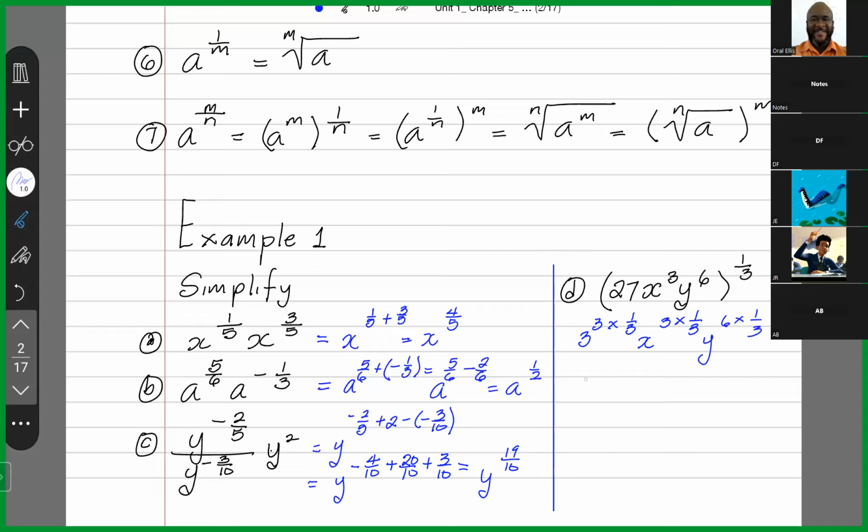So our final answer would be 3 to the power 1, x to the power 1, which is just x, and y squared. So if the power is 1, you don't need to put it. Your final answer is 3 to the power 1, which is 3, x to the power 1, which is x, and y squared.